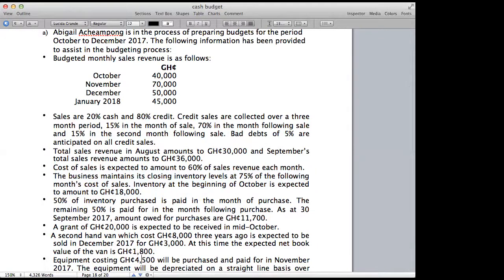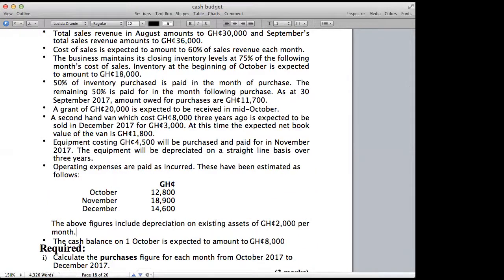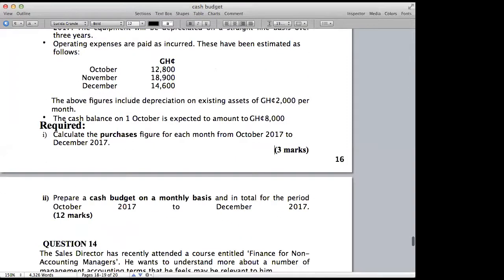Okay, so now let's go to the requirements. Required: calculate the purchases for each month from October 2017 to December 2017. Start work. It's 3 marks, so I'll give 3 minutes.